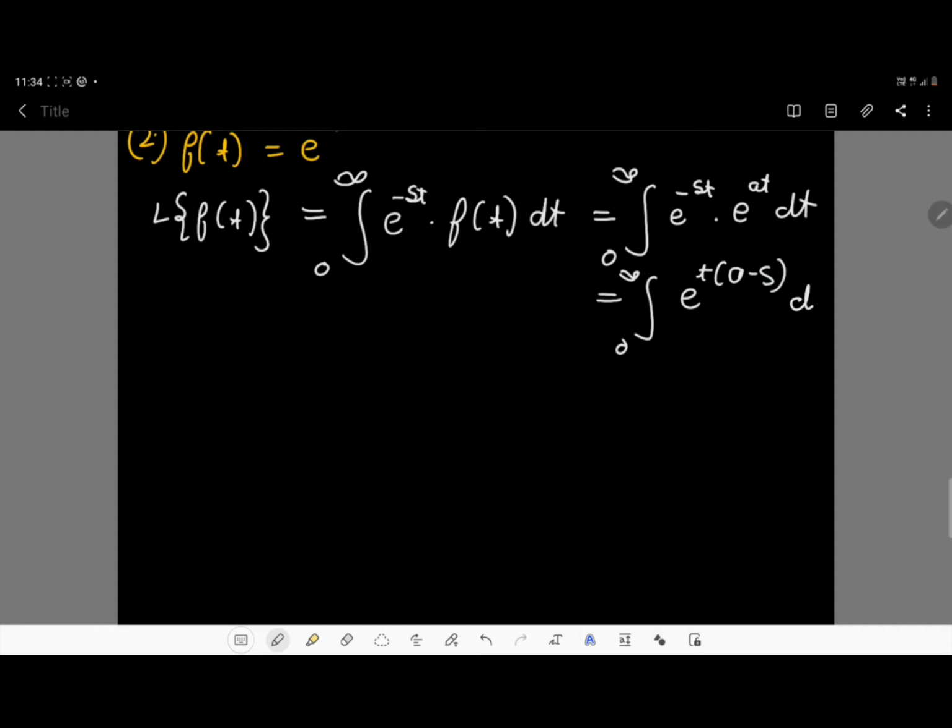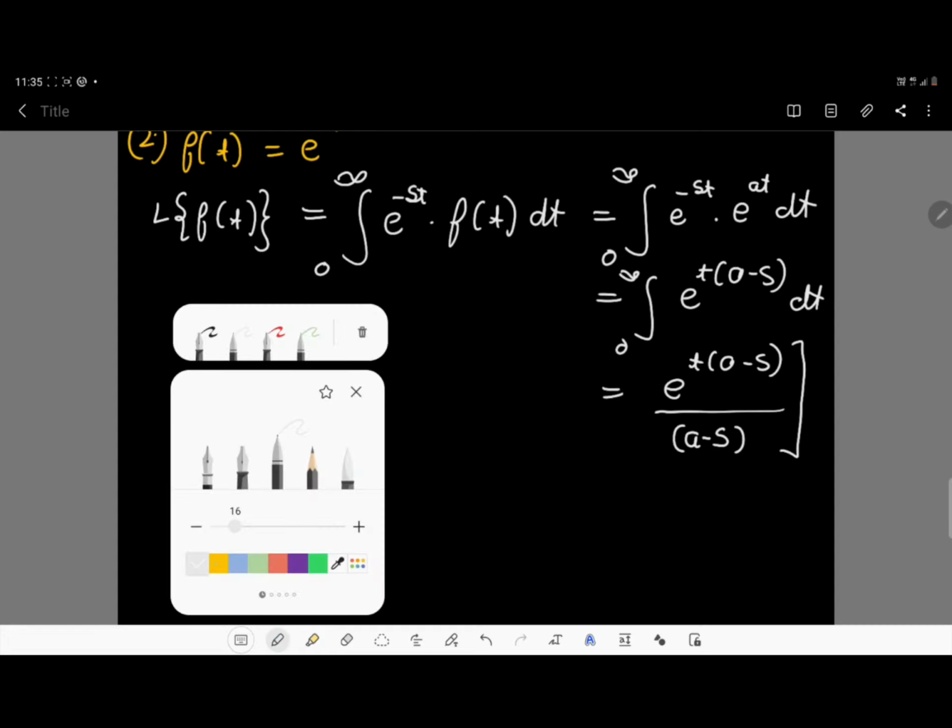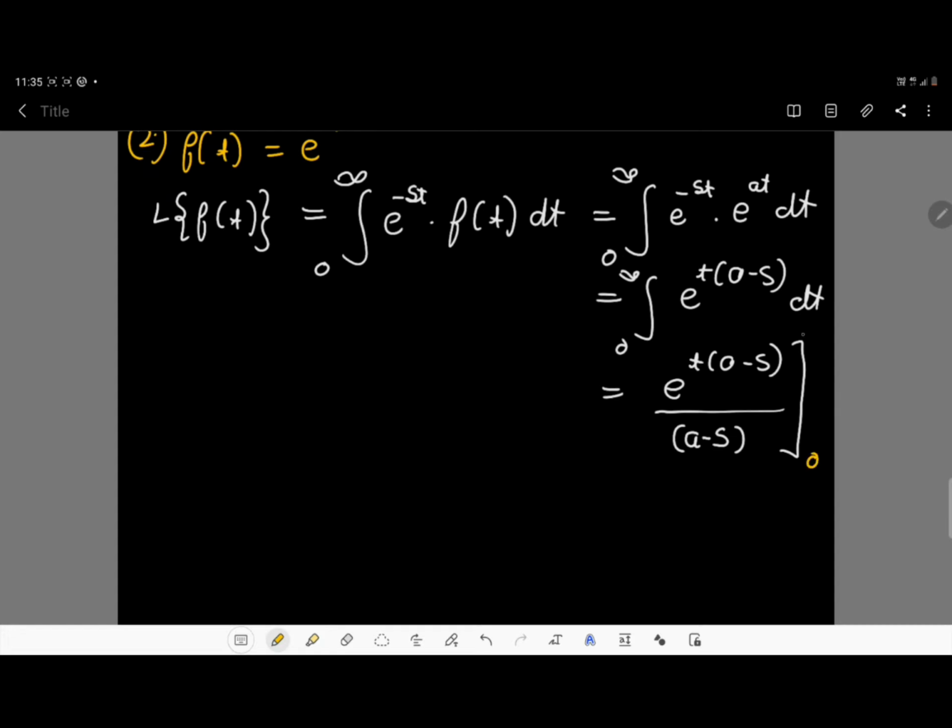Okay, this might be clear to you. Now integrating this, t(a minus s) as such, upon differentiation of this part. So we are differentiating with respect to t, hence a minus s is constant and this will come here. Okay, and your limits are again 0 to infinity.